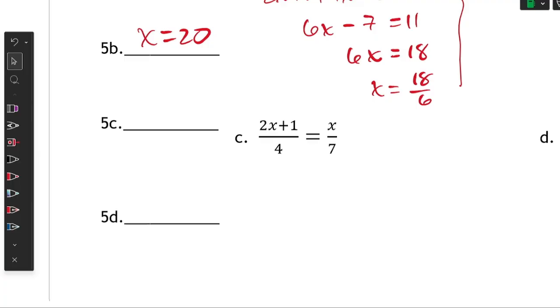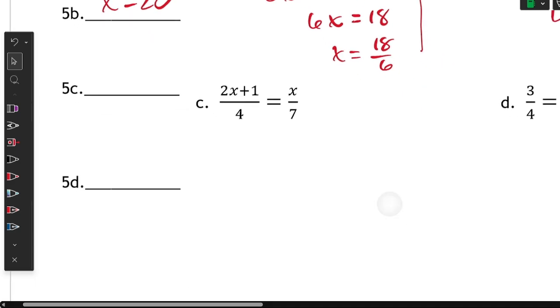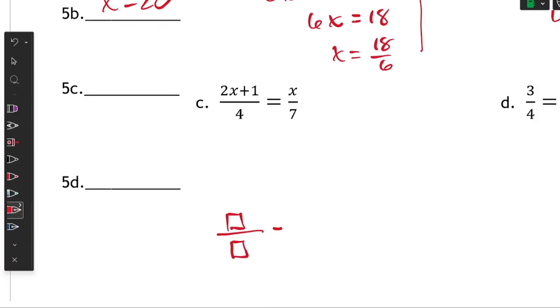Another thing you can do is you can remember from middle school that these are proportions, right? Whenever you have something that fits the pattern where you just have a numerator over a denominator equals a numerator over a denominator, we have what's called a proportion. And we know that this product is going to equal this product.